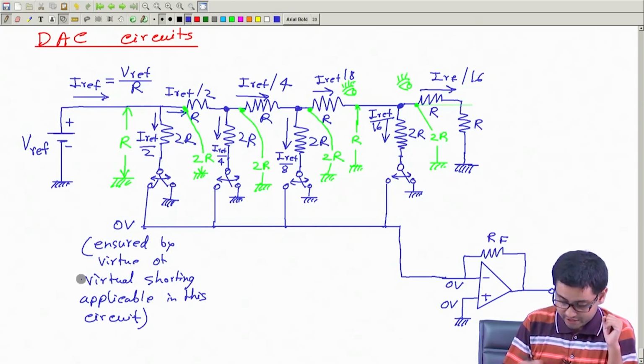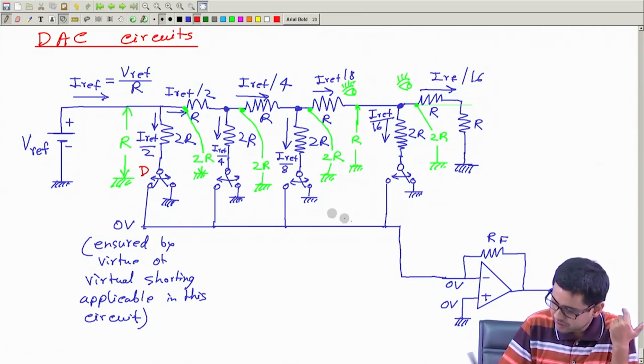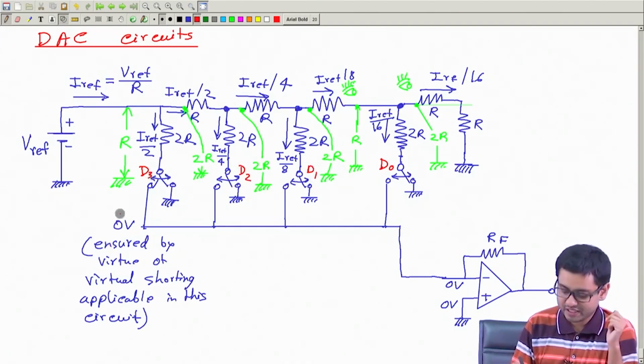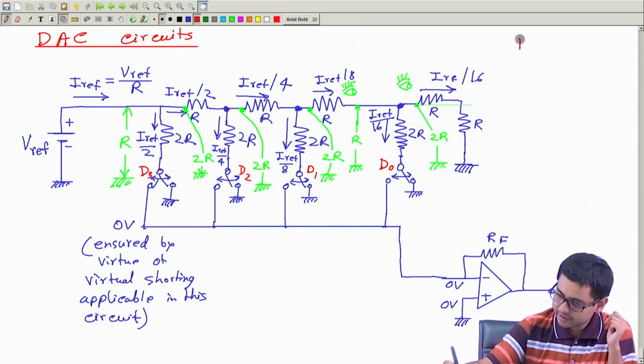Now let me call these switches D, let me start from this side, D0, D1, D2 and D3. These are switches, and they can be connected to this op amp or to the ground.